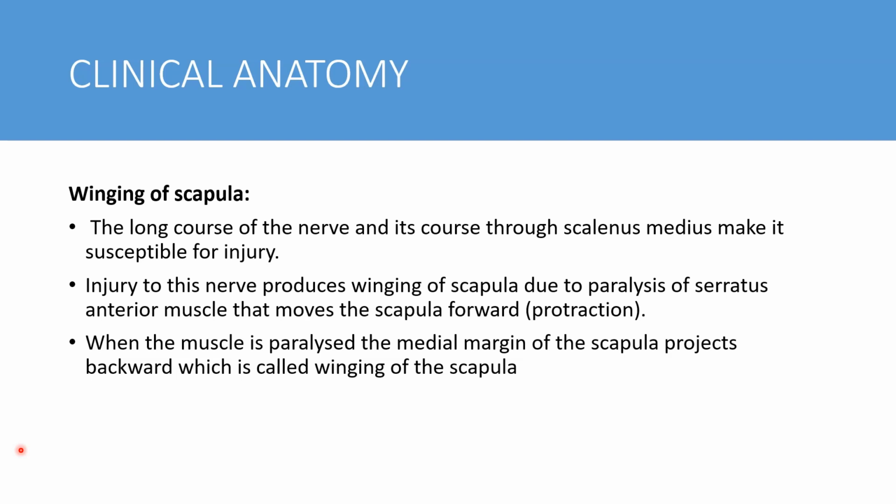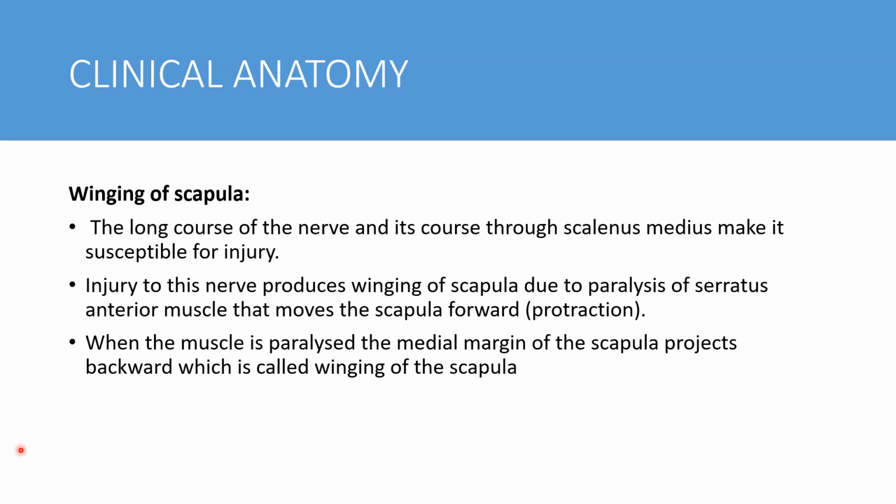The long course of the long thoracic nerve through scalenus medius makes it susceptible to injury, as it is lying in the posterior triangle of the neck, and any pressure on the posterior triangle due to carrying heavy weights in the case of laborers, or in case of stab injuries in violence.